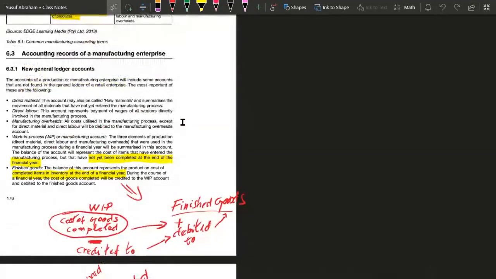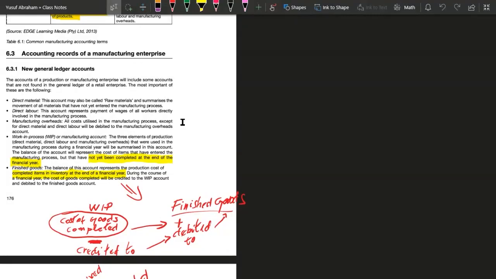So again, we're going to have different ledgers for a manufacturing enterprise. It's part of the general ledger for the manufacturing enterprise. We're going to have a ledger for the direct material, a ledger for the direct labor, and a ledger for the manufacturing overhead.